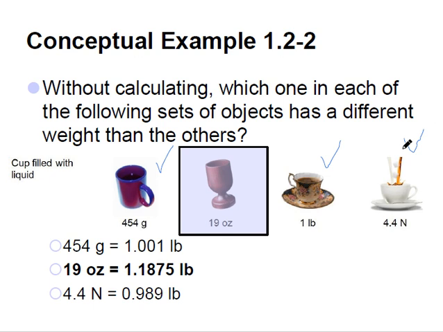So you know that this and that are about the same, but this is 0.1875 over 1 pound, so this is different. We know that 1 pound is 16 ounces, so 3 ounces over 1 pound. Therefore, this object has a different weight than the others.